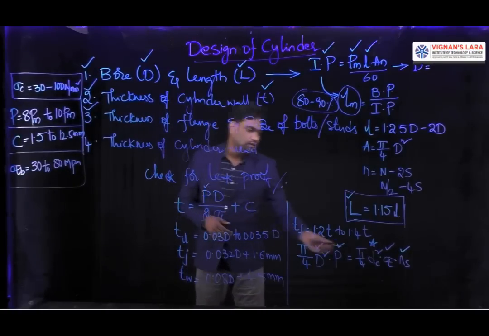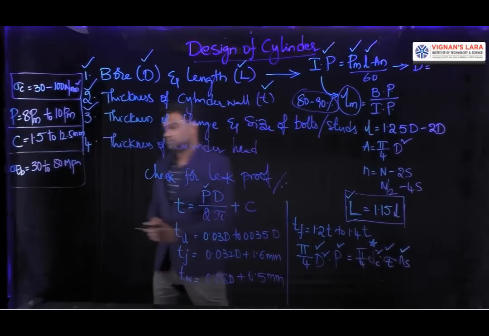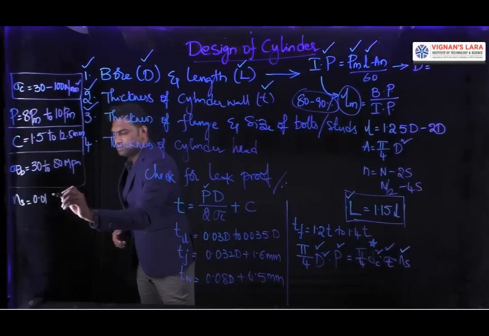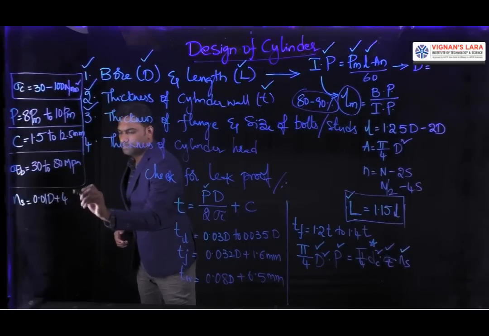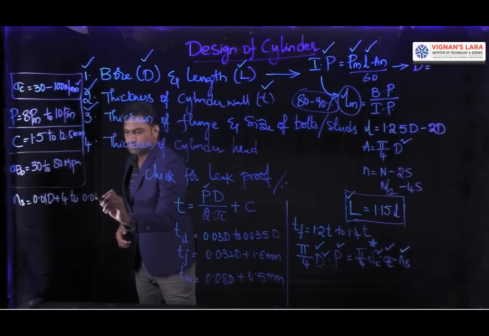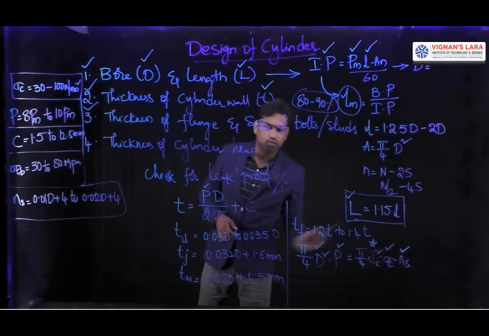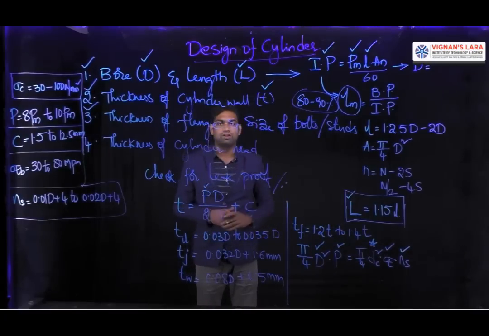And ns, the number of bolts or studs to be used, also needs to be calculated using the proportion 0.01d plus 4 to 0.02d plus 4. Using this relation, we can calculate the number of bolts or studs required to assemble the head and block.